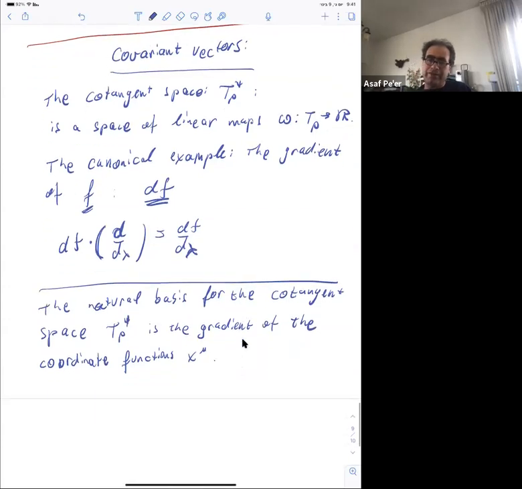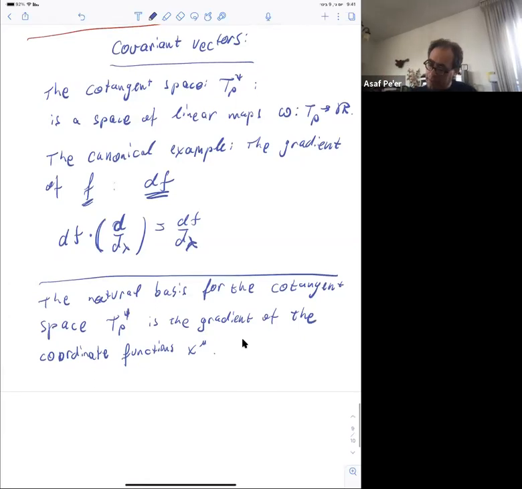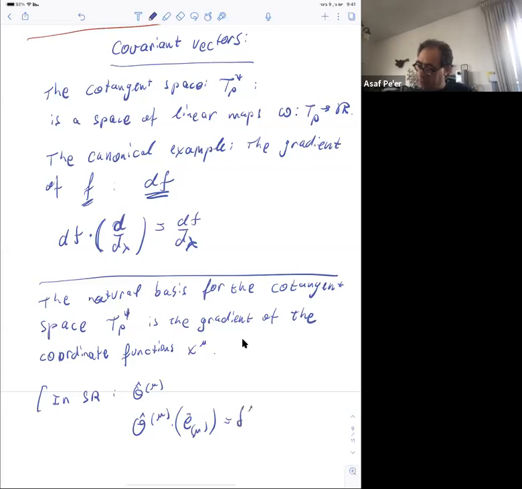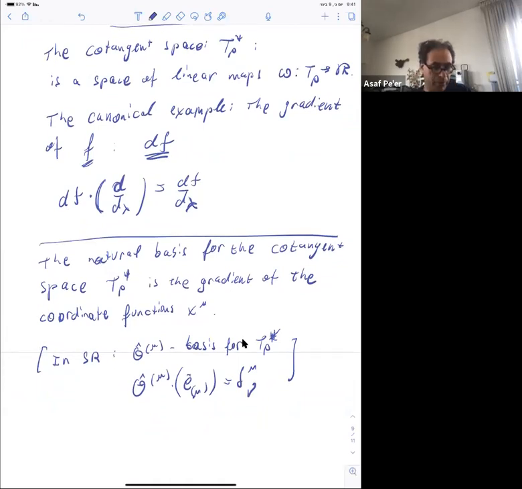So again, it's exactly analogous to what we did with special relativity. In special relativity, the basis for the cotangent space we denoted as theta mu, which were defined such that theta mu operating on the basis vectors of the tangent space is just delta mu. And coordinate basis for T_P star.